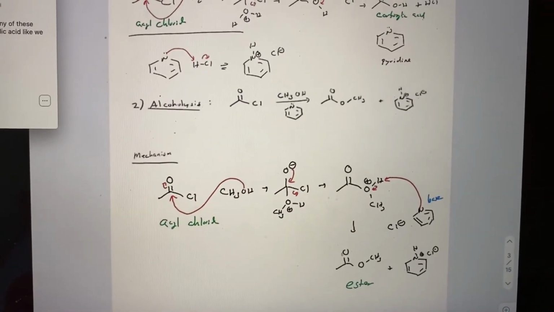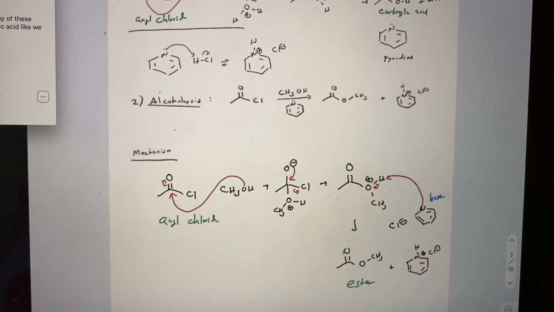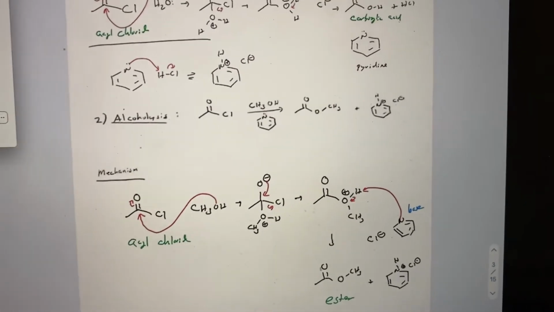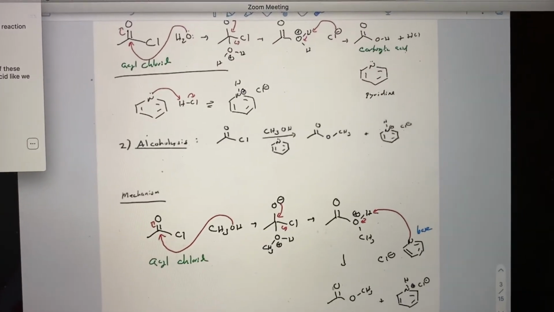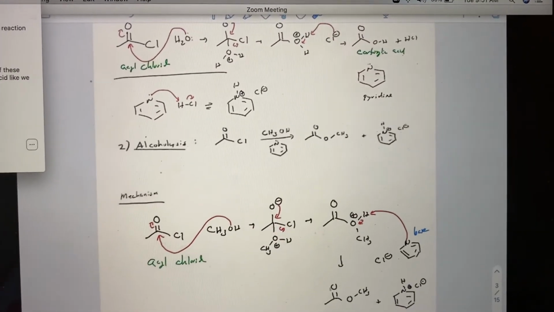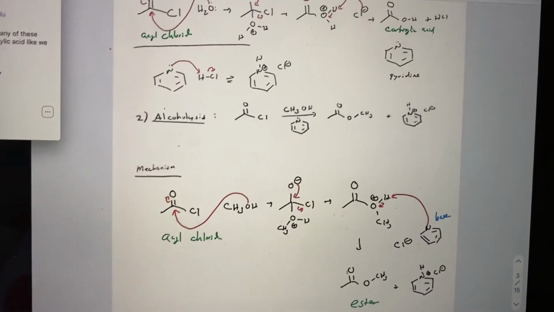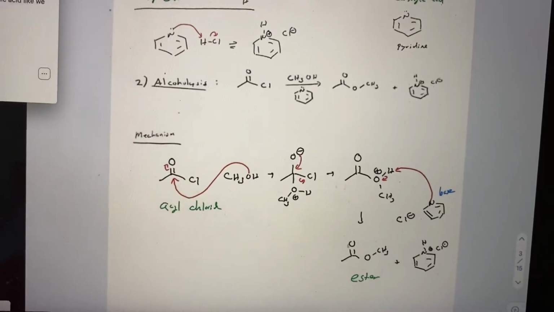So we're going to generate HCl. And a lot of times, in terms of the chemistry that you're doing, that could be bad in the reaction. For every mole of this acyl chloride that reacts, you're going to generate a mole of hydrochloric acid. So if you have a compound that's not going to survive the formation of a strong acid, that's bad news if you wanted to do this reaction.